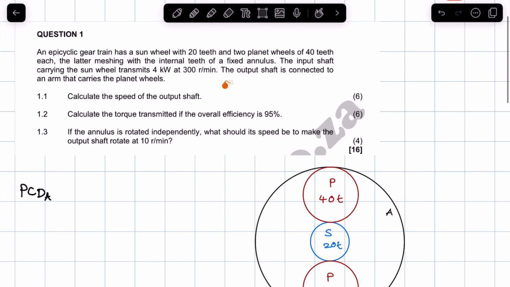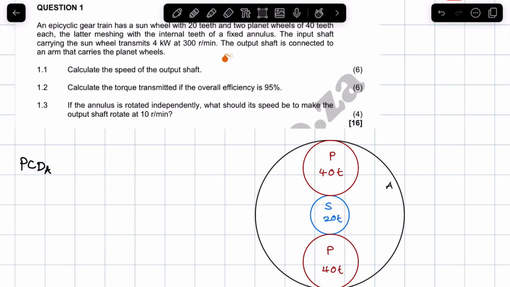Even if you look at this schematic here, you can get an idea. It's going to be equal to the PCD of the planet plus the PCD of the sun, and then plus the PCD of the planet again. So since we have two planetary gears, this is equal to 2 times the PCD of the planet plus the PCD of the sun gear.